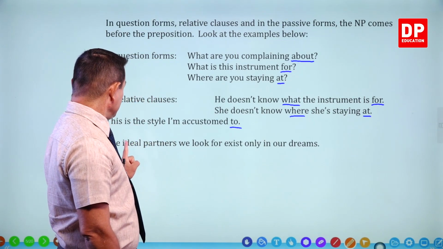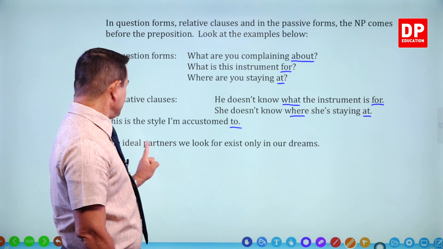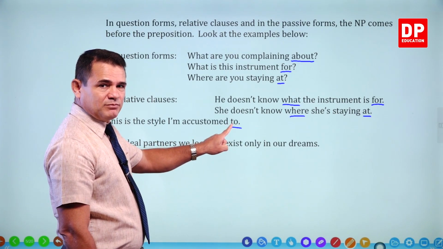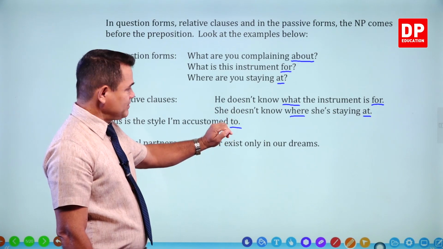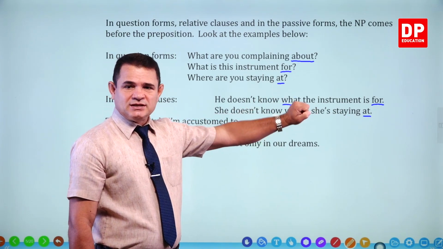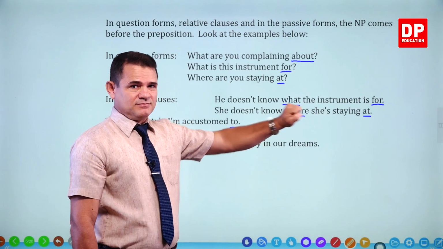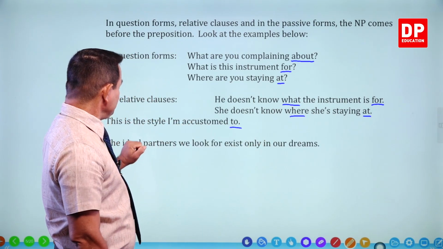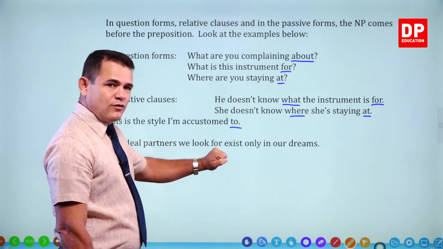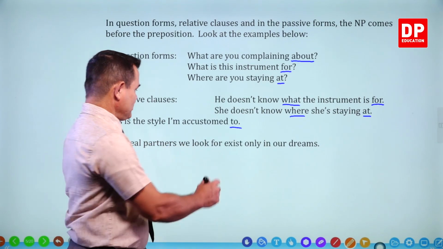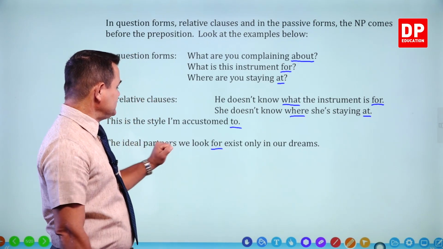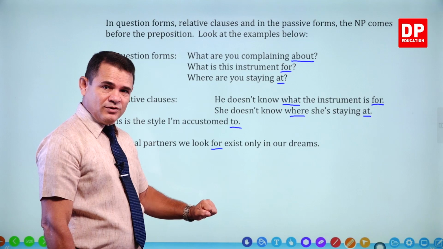Just remember this, using the preposition at the end. In all of these, the preposition is used at the end. Remember it well. And the ideal partners we look for.